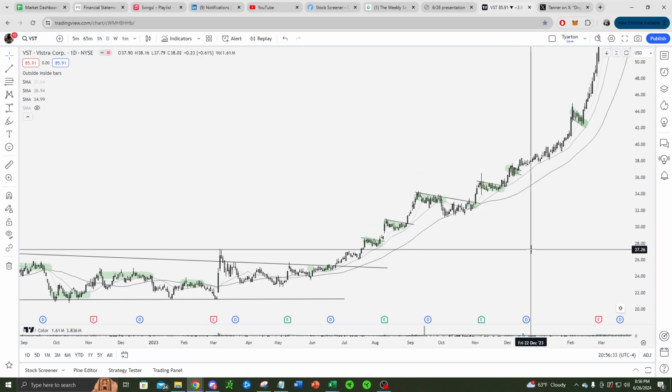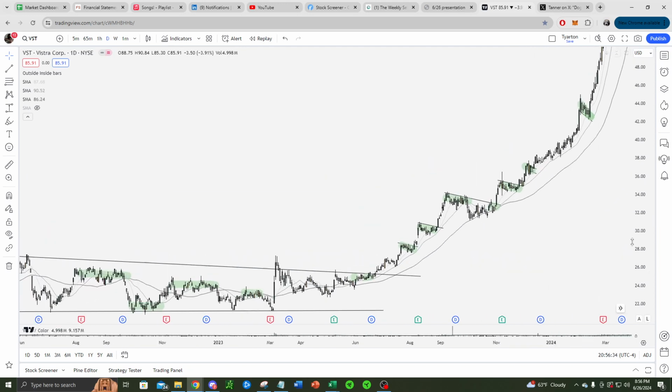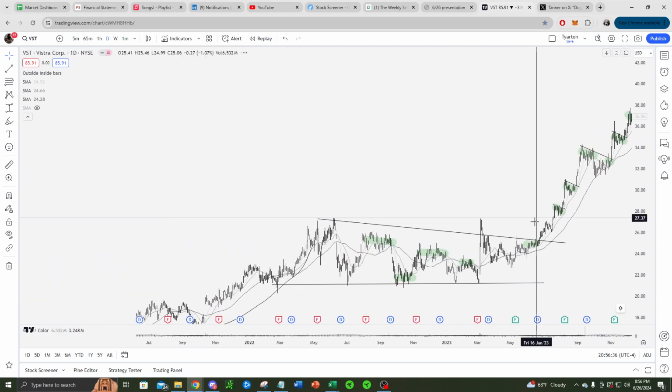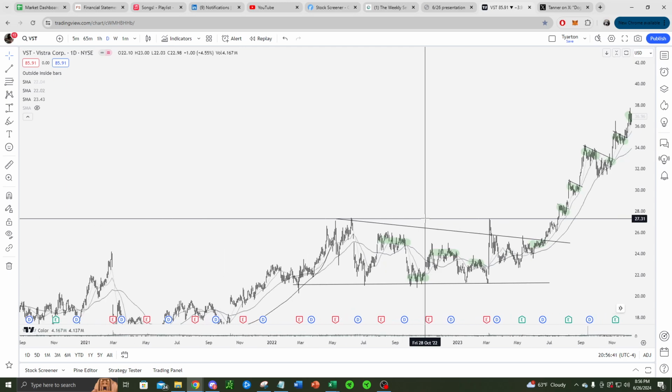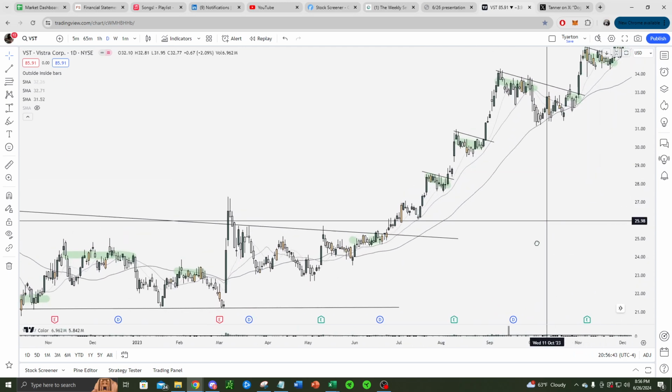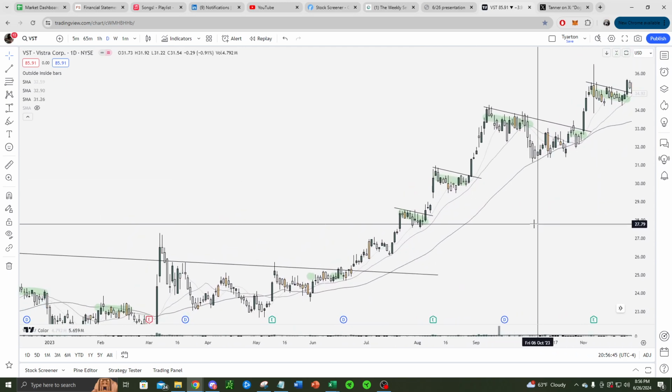That to me was clean price action at highs that made sense to be buying into. You can see here, once you clear this all-time high pivot at $27, you're jumping right into some great looking flags, right?